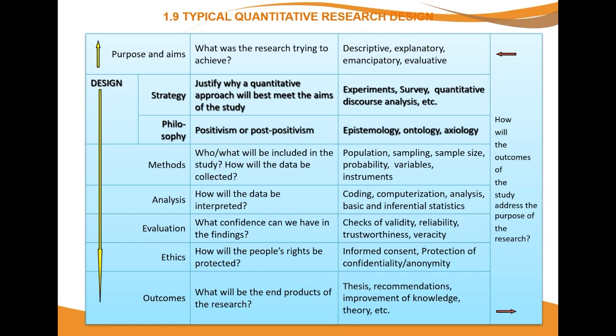Your analysis will be how you would do your inferential and basic statistics. Your evaluation would be the usual measures of validity and reliability, perhaps with the veracity of the findings added to it. The ethics would again be the same. So this is how a quantitative research design will be packaged roughly.